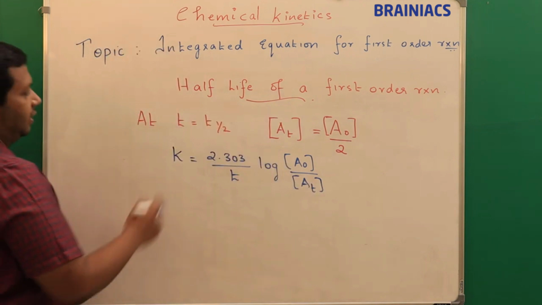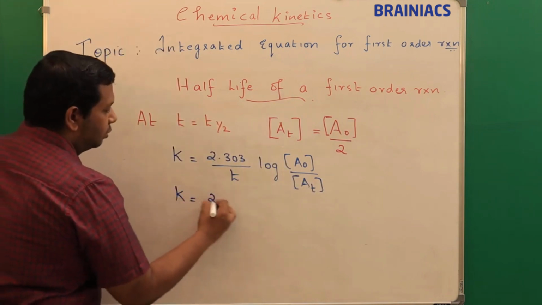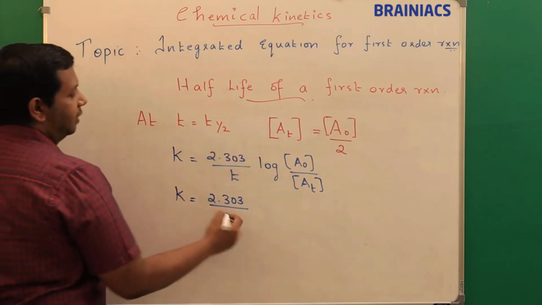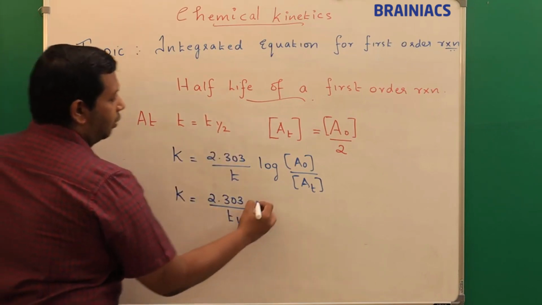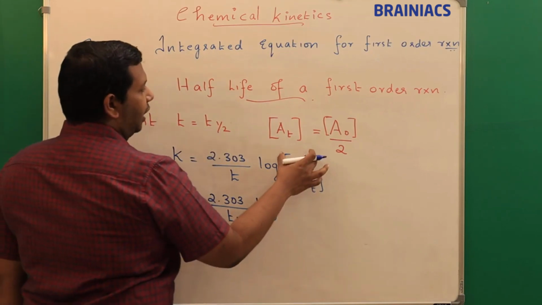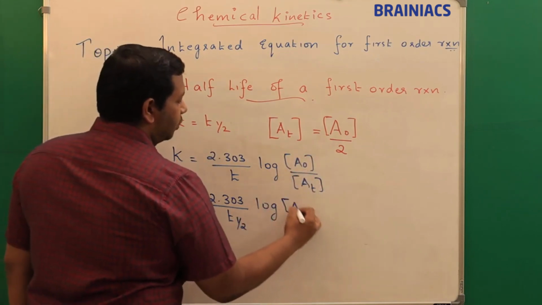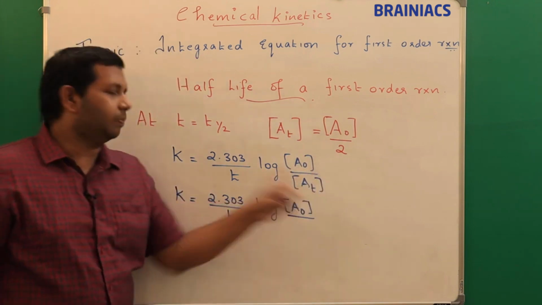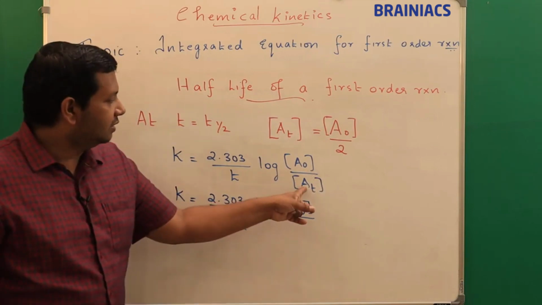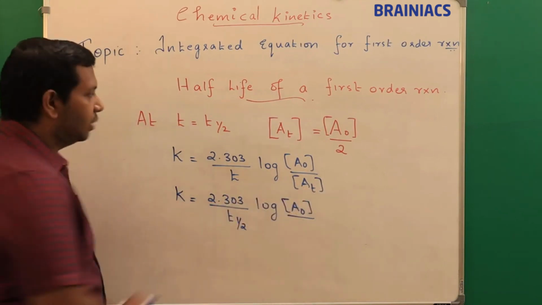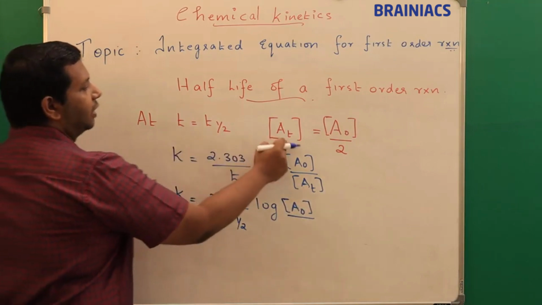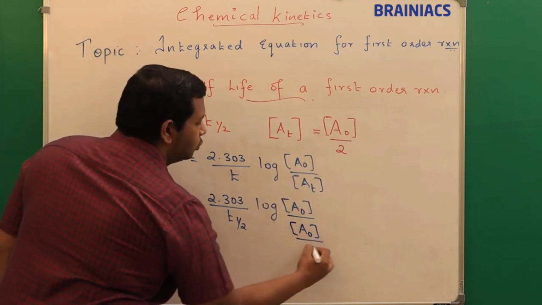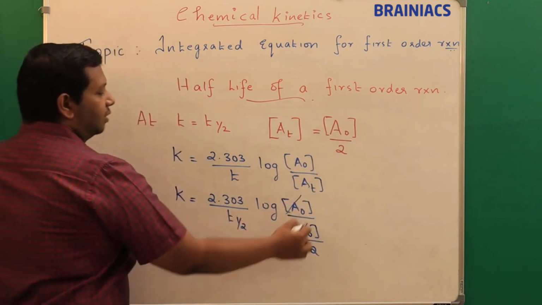On applying it, k is equal to 2.303 by t half, log A naught divided by A t. Here A t is the concentration at t half, so at time t equal to t half, A t is equal to A naught by 2. So I can write A naught by 2, and A naught will get cancelled off.